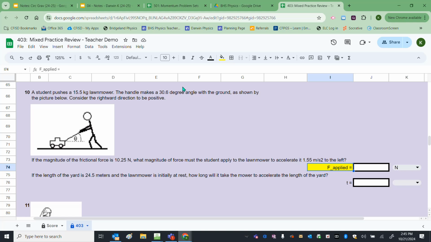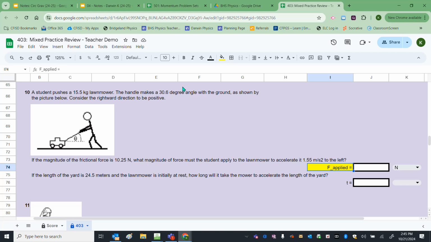And so the question's asking for the force the student applies, not the net force. So that's what I'm going to show you how to do, even though the label is different. So what we're going to do is I'm going to switch over to my document camera so that we can actually work this out.